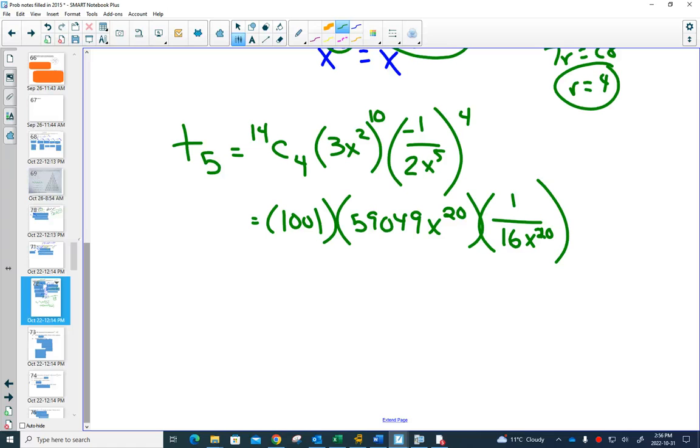And nicely, all of our x's cancel out. We have 1,001 times 5490 divided by 16. 3690562.5 as an exact answer in the end. And this is the constant term because it has no x's.